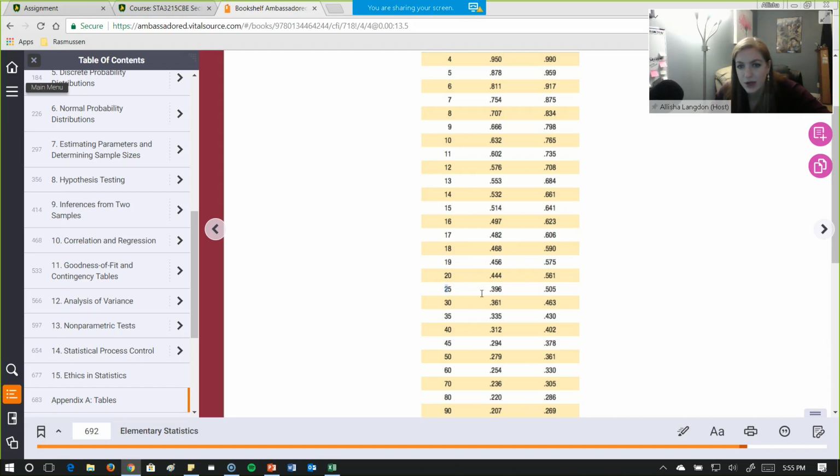It's closest to 25, so let's use this row. Now we have to use this first number because that number represents a significance level of 0.05. So our critical value is going to be 0.396.